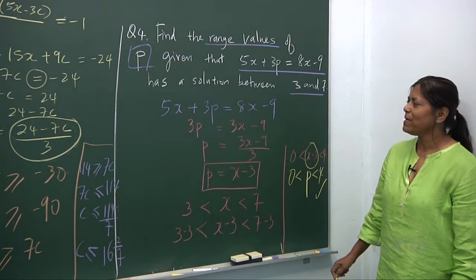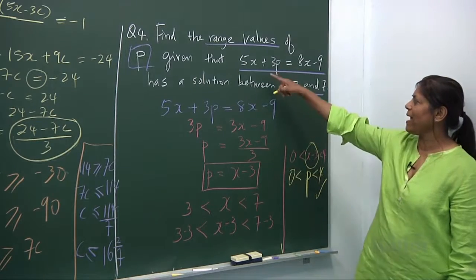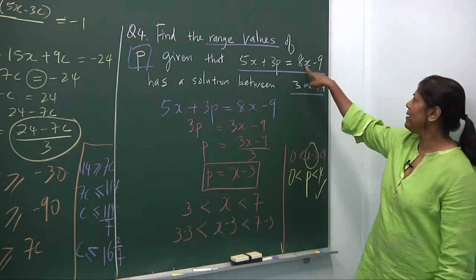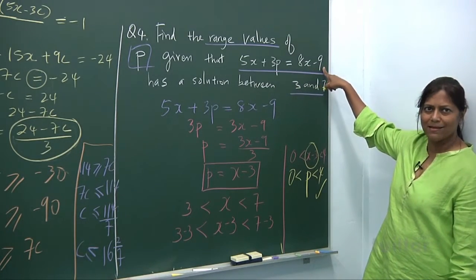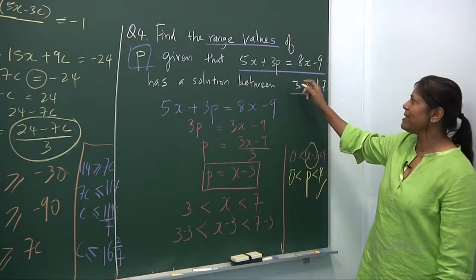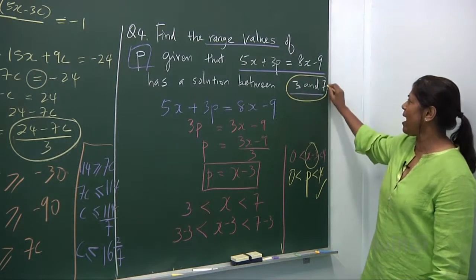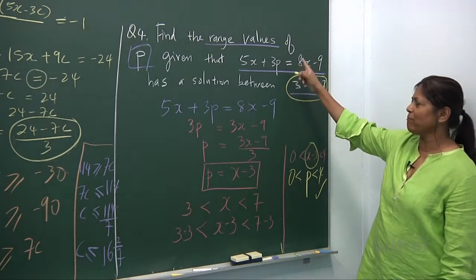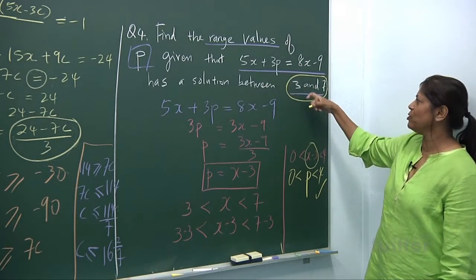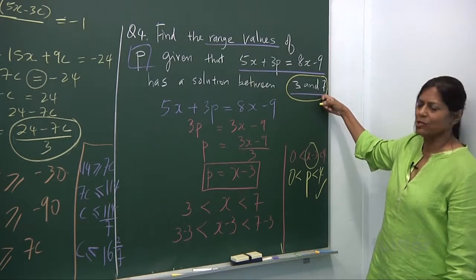Repeat again. Find the range values of P given that 5x plus 3p equals 8x minus 9. They want to find the range values and it has a solution between 3 and 7. That's your x.